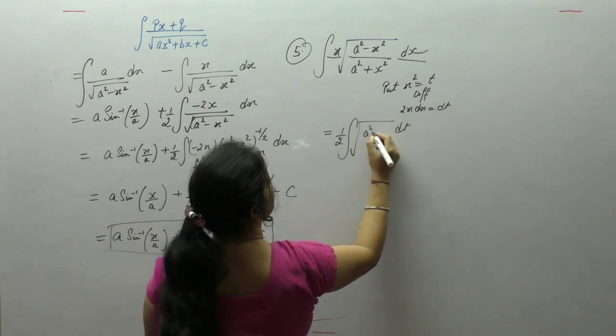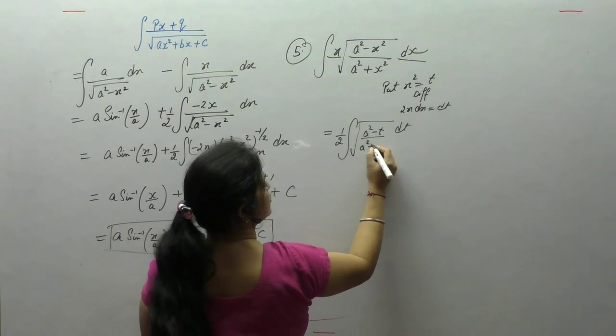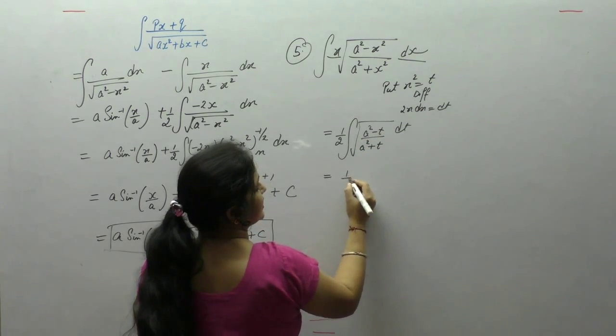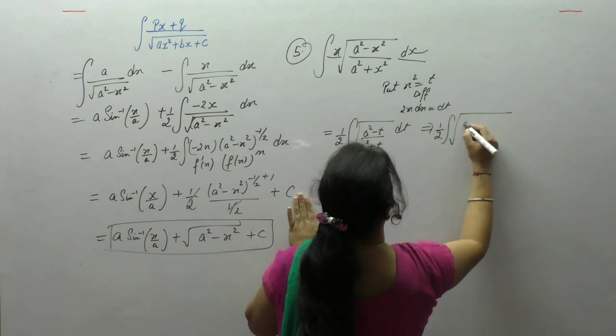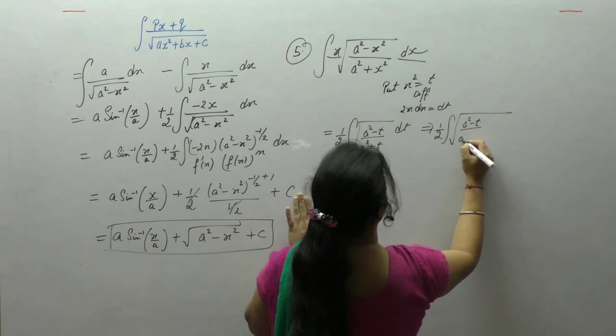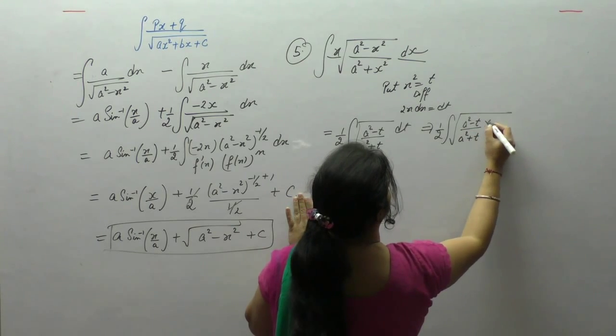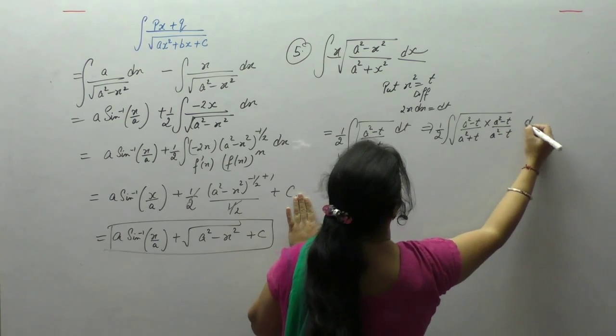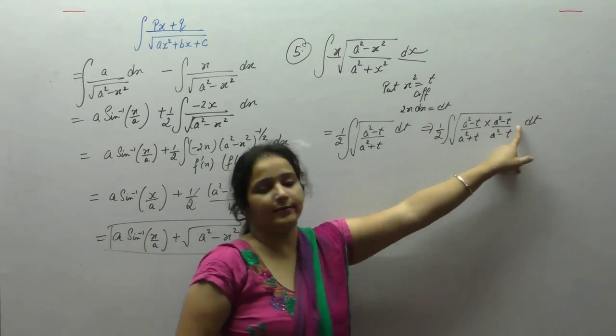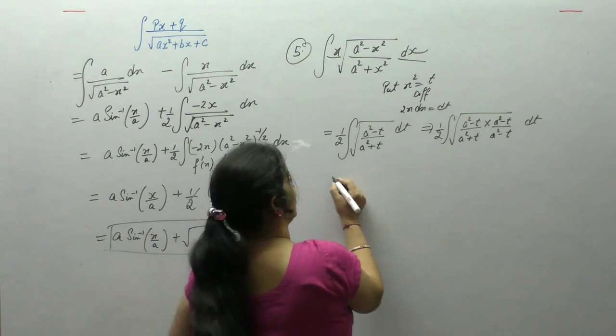Square root of (a square minus t) upon (a square plus t). First rationalize it. Half square root of (a square minus t)(a square plus t) into (a square minus t) upon (a square minus t). Same terms, square and square root will be cancelled.